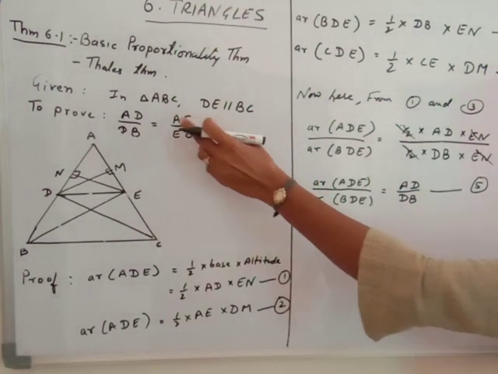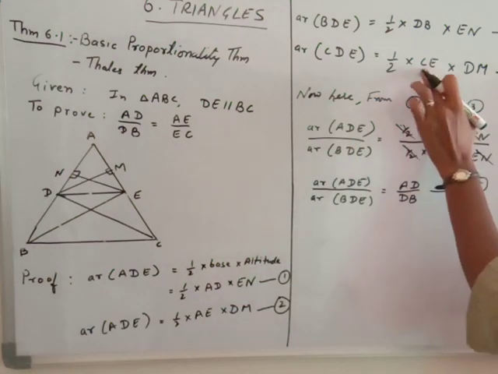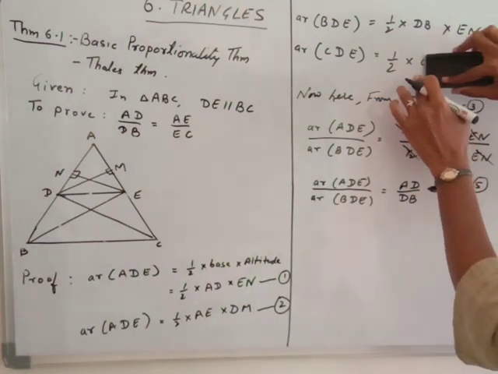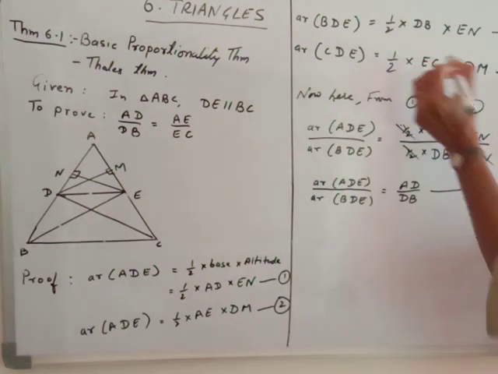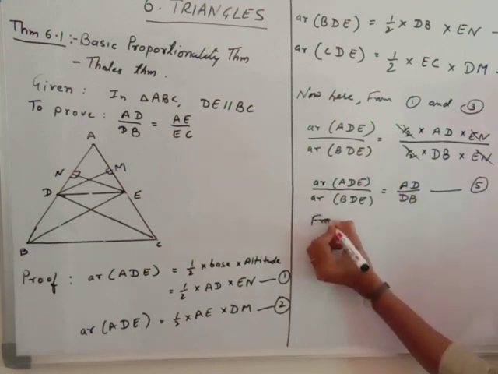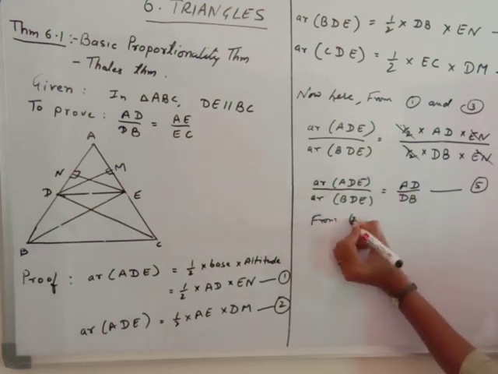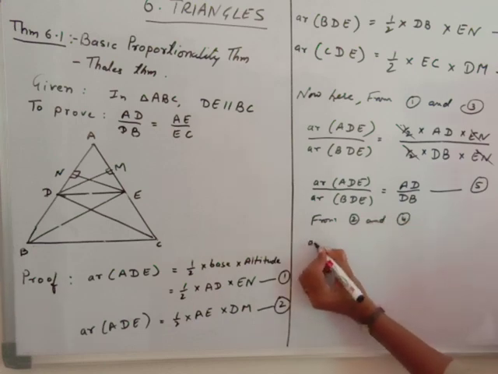Now I want AE upon EC. AE is here and EC. Okay, CE or EC is the same thing. So let us write it also as EC. So there must be no confusion. Okay, so from 2 and 4, again I will do the division.